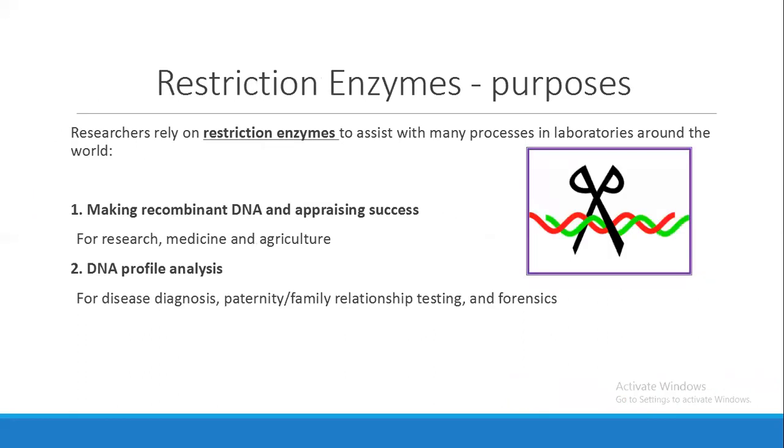Here we'll discuss the restriction enzyme. What is the purpose of using restriction enzymes in this process? Researchers rely on restriction enzymes to assist with many processes in laboratories around the world, making recombinant DNA and appraising success. Mostly scientists and researchers use recombinant DNA technology to find drugs for different diseases through different experiments.